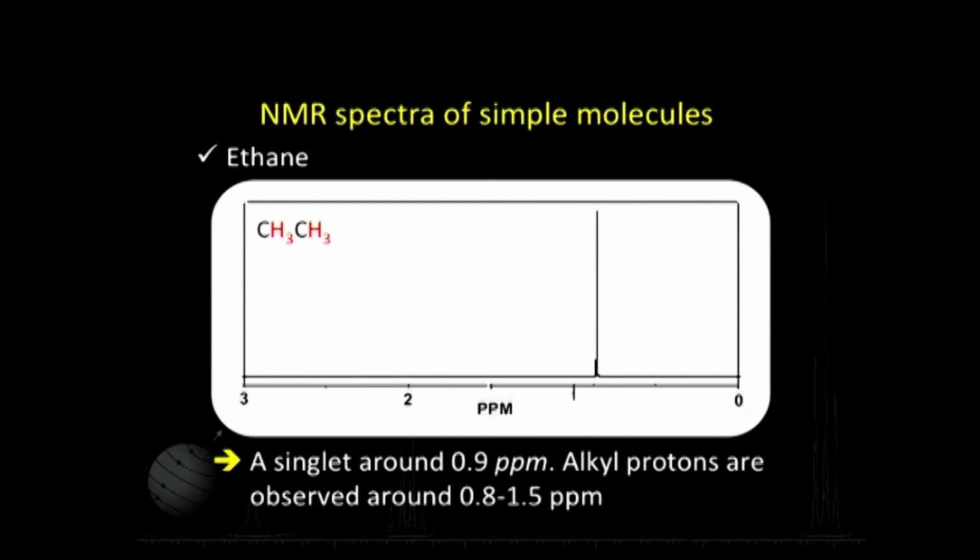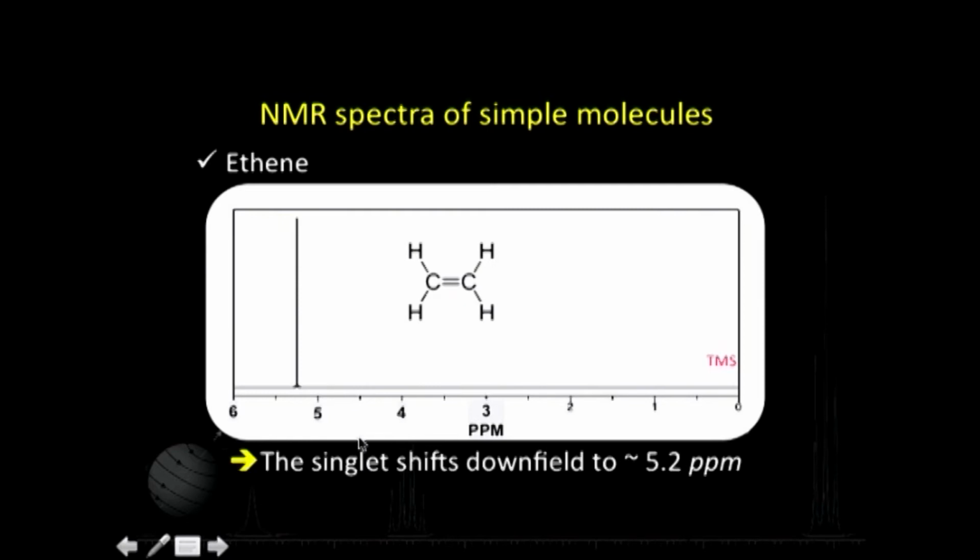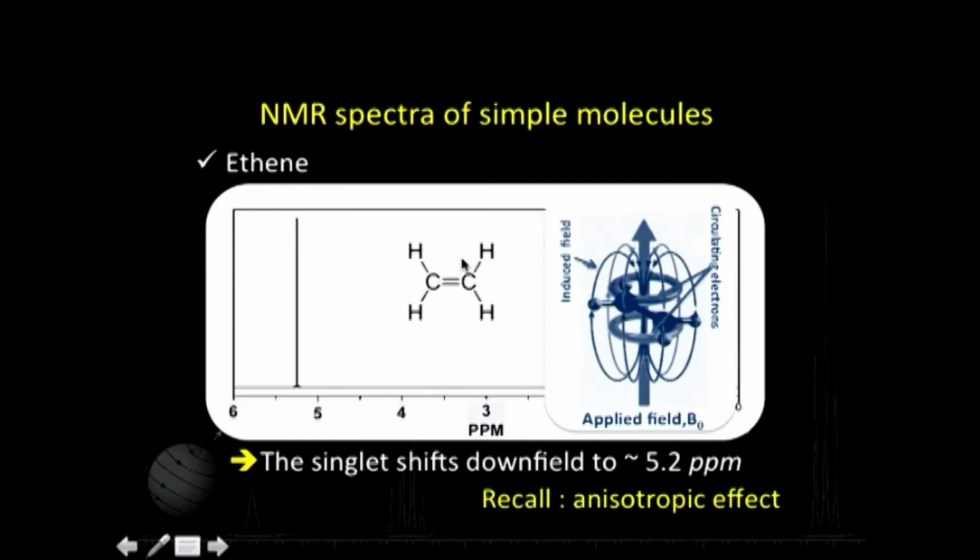Now, let us move to a slightly more involved molecule, that is ethene. In case of ethane the signal was somewhere around 1 ppm. In case of ethene, it has moved to about 5.2 ppm. It is a drastic change. This drastic change is basically because of the anisotropic effect of this double bond.